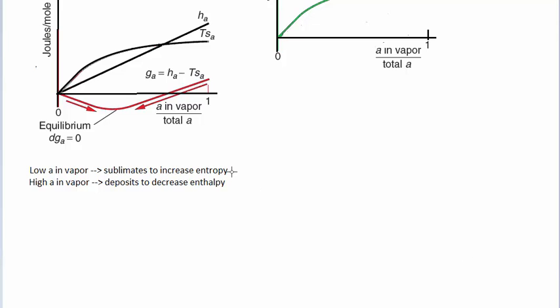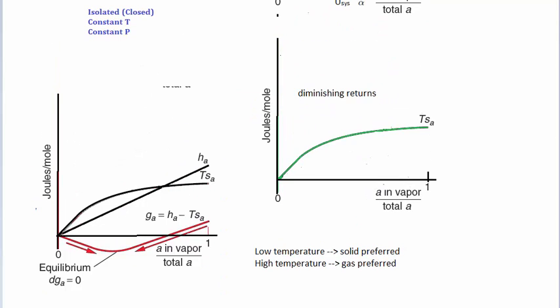Likewise, if you think about temperature, what's going on here? Well, if you're at a lower temperature, why do you prefer more solid? Remember there is this temperature factor over here in the entropy term. If you're at a low temperature, that means that your entropy term will be less important. That means your enthalpy term will be more important.